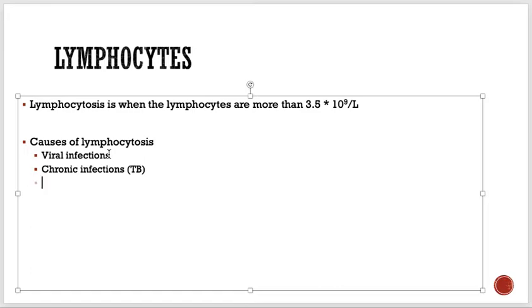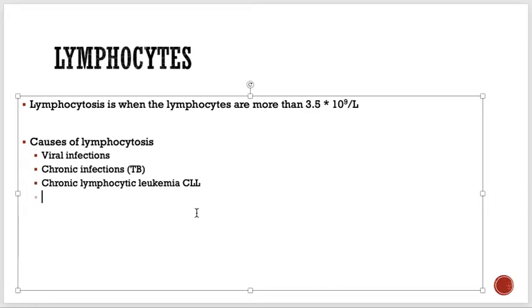Then there are malignancies or blood cancers, which we say like blood cancers in our common language. For example, chronic lymphocytic leukemia. In layman's terms, you can say it's a blood cancer, which is generally called blood cancer or hematological malignancy. The short form is CLL.